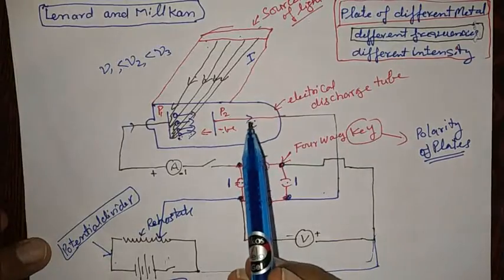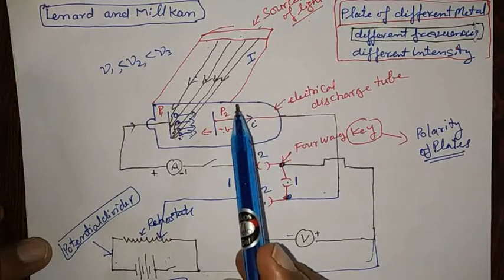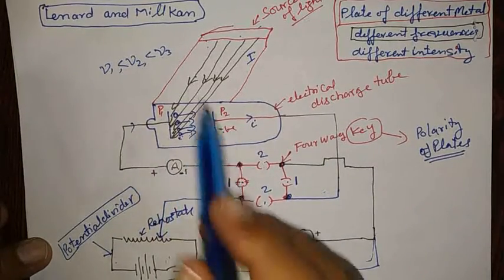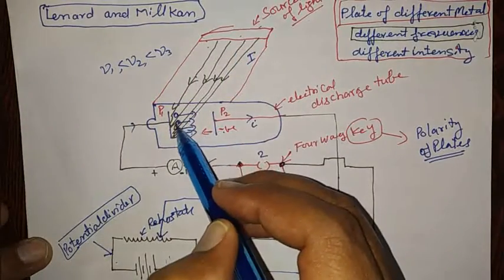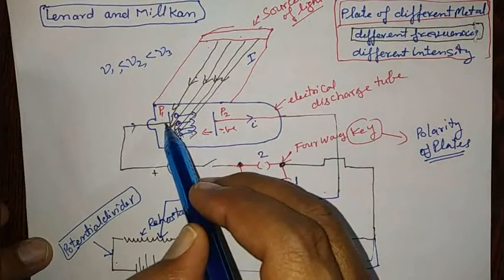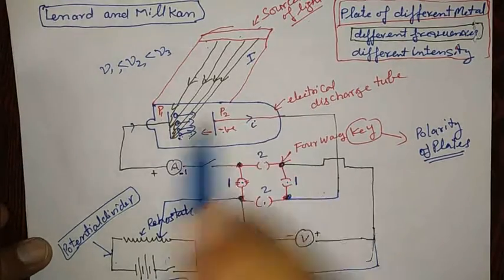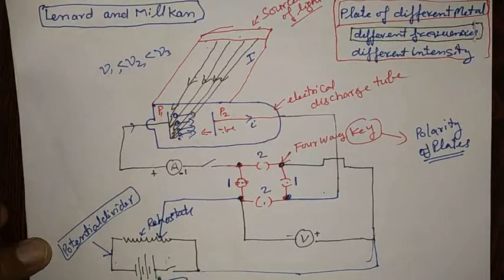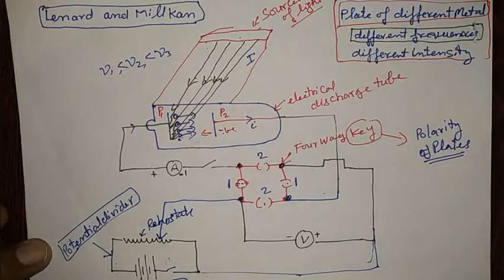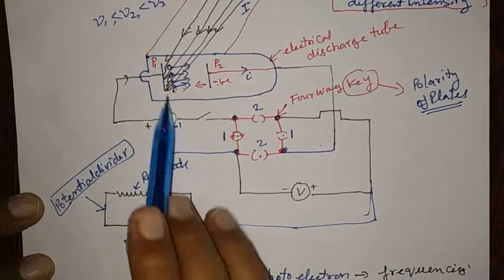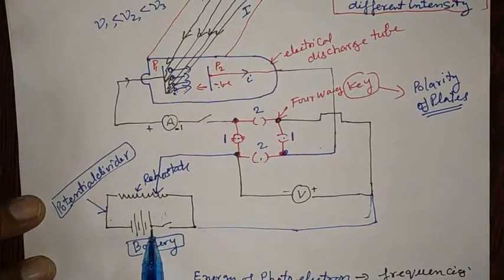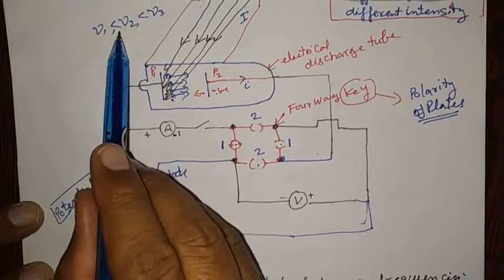Now see the experiment in another way. If the frequency of incident light on plate P1 decreases, what happens? The negative potential to stop this photoelectron also increases. As a result, the kinetic energy increases.